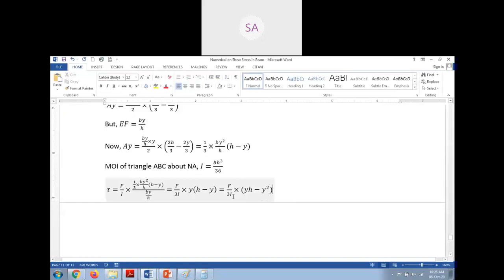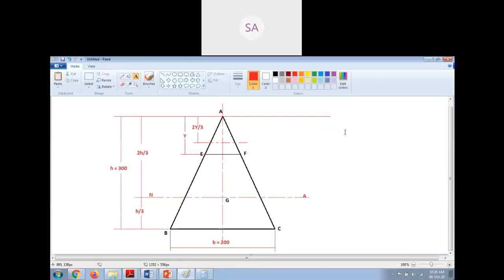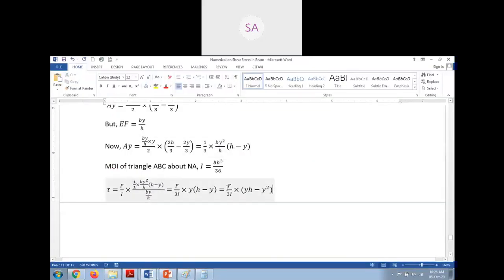So shear stress at any section from the apex of this triangle is given by this expression, F by 3I into (yh minus y square). Okay, now I have to find shear stress at various points and then draw the shear stress distribution diagram.